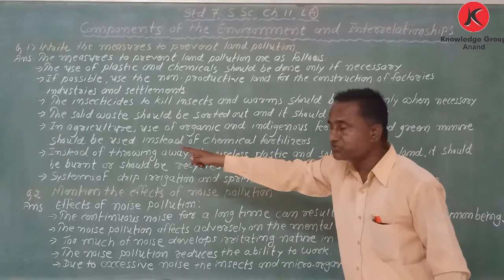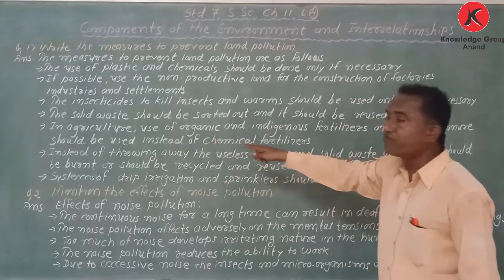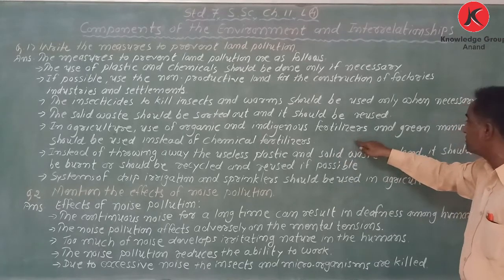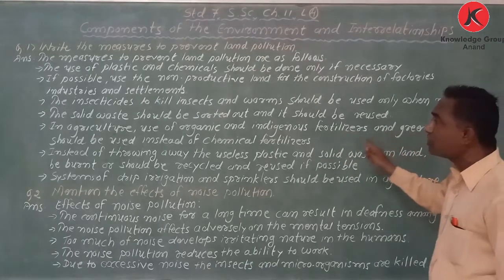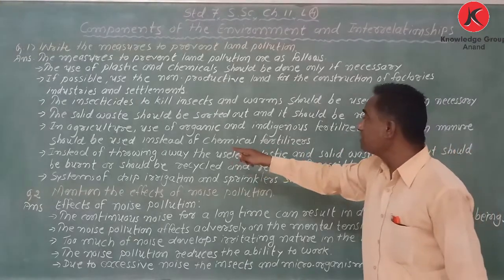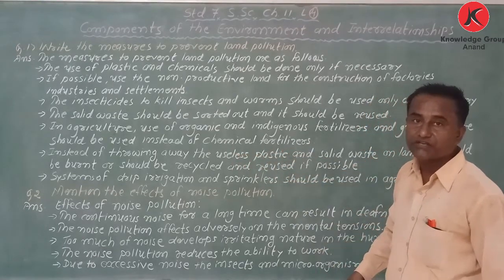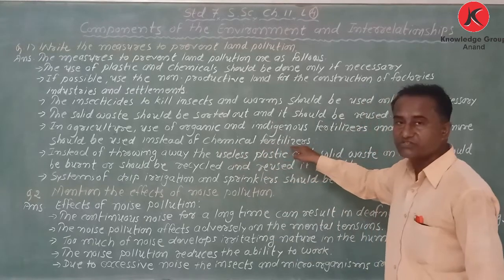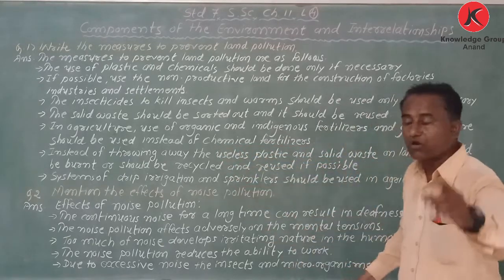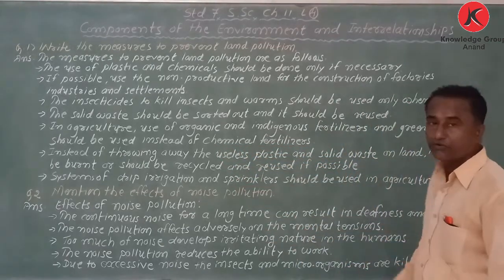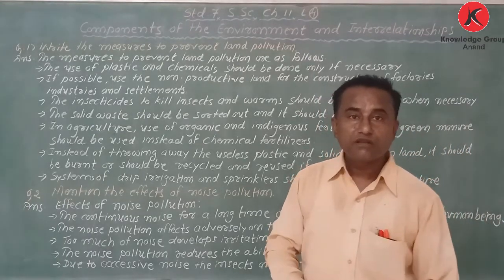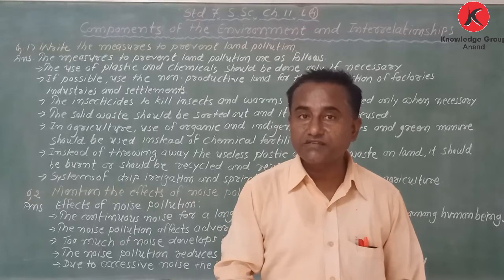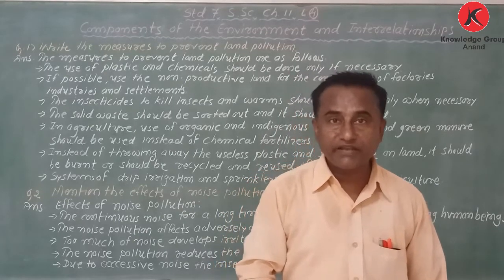So in agriculture, use of organic and indigenous fertilizer and green manure should be used instead of chemical fertilizer. My dear student, avoid chemical fertilizer. Avoid it and always go for green manure. Nowadays different kinds of fertilizers are available in the market.